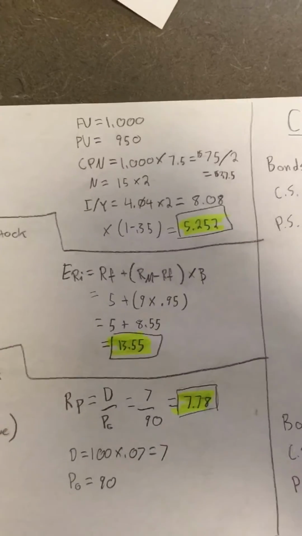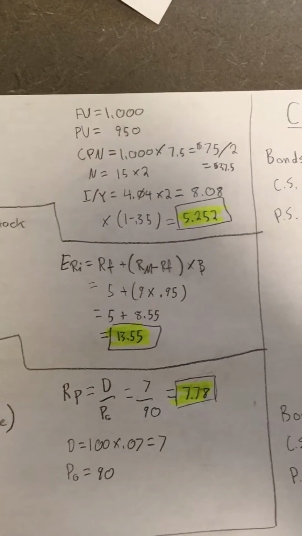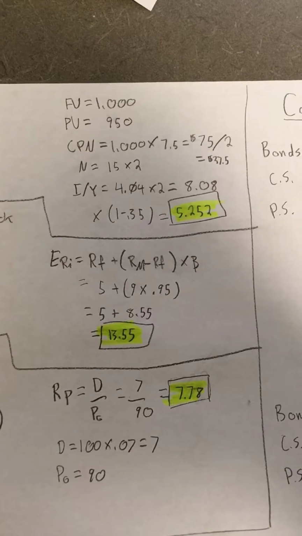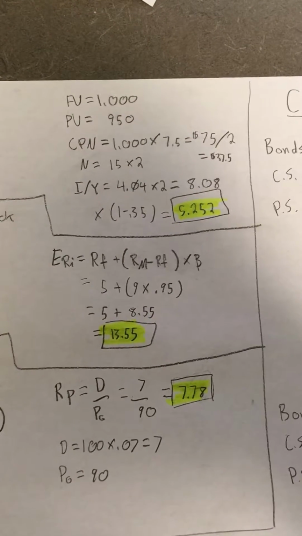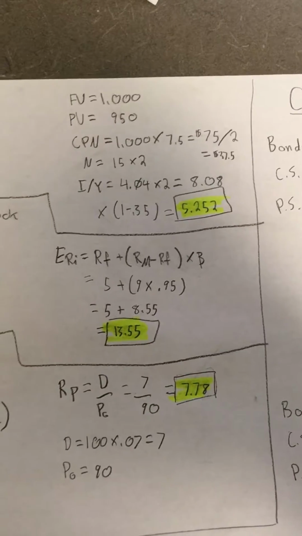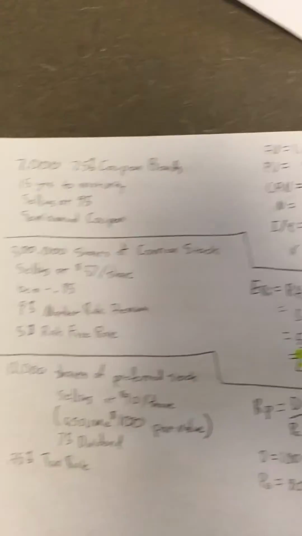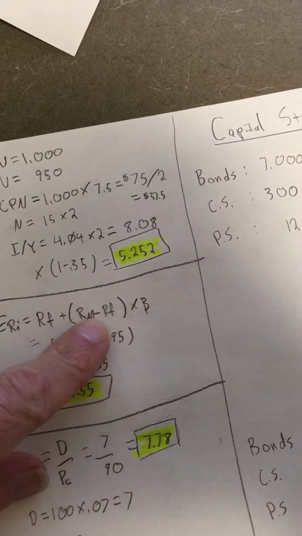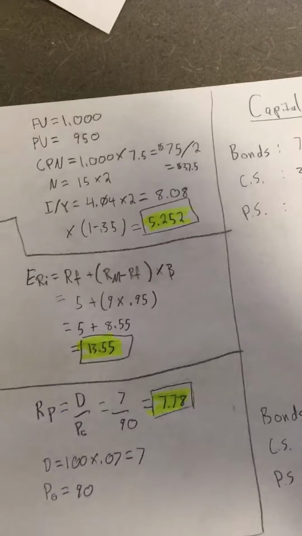The cost of equity is the risk-free rate plus the expected market return minus the risk-free rate, otherwise known as the market risk premium, times beta. In this case, you were just provided the market risk premium, so you don't have to do this step here. This has all been provided.